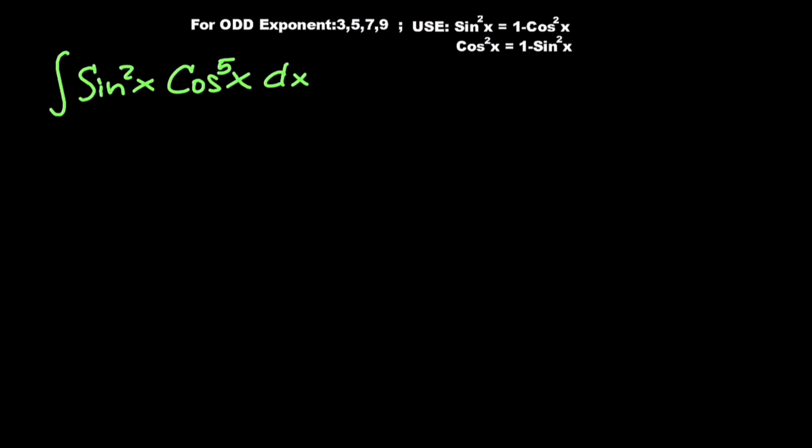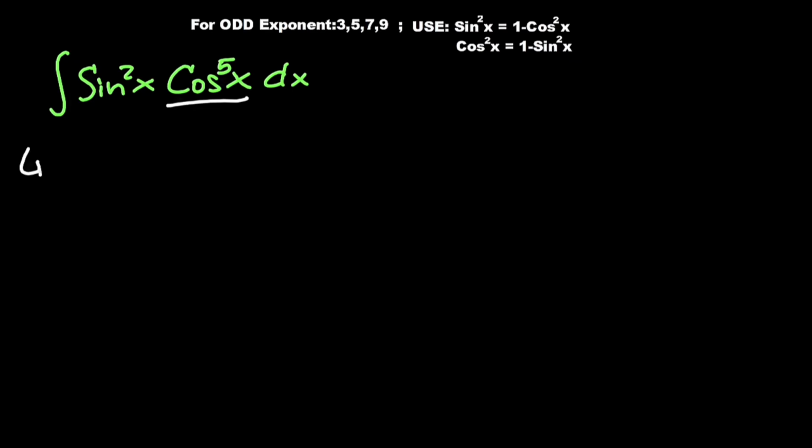Let us try this example. If you are dealing with a mix of sine and cosine of x, and you see an odd exponent amongst these two, this one is even and this one is odd. If you even see one odd exponent, you must choose this and use the odd exponent rule.